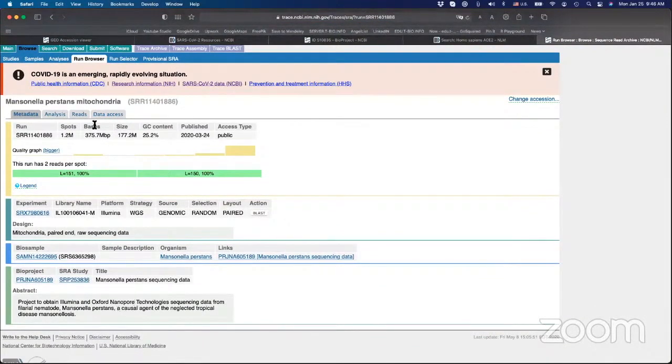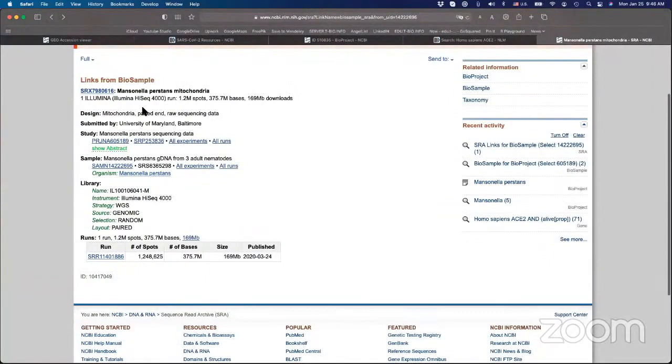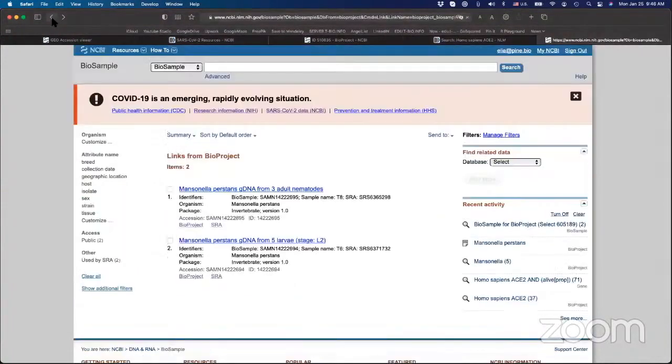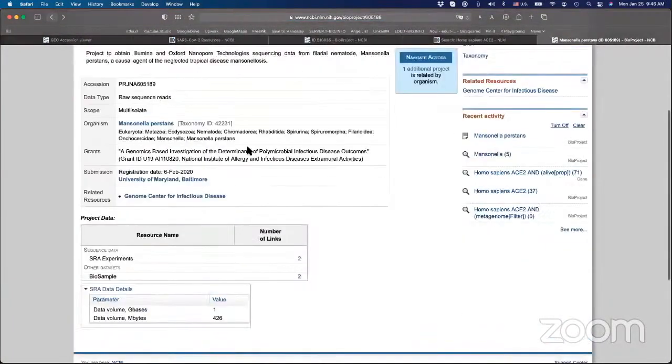Okay, unfortunately, it does not tell us where it was collected from, and it's a very recent sample. But I can imagine that you would be able to find data depending on what is your research question.